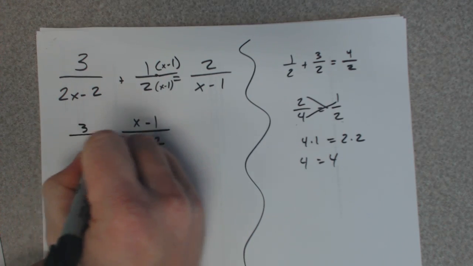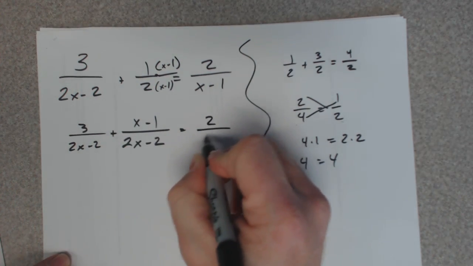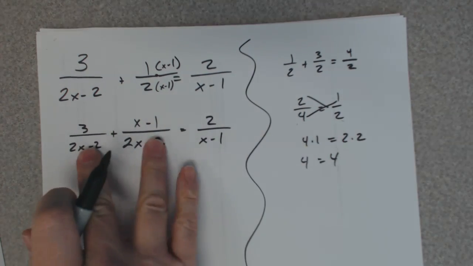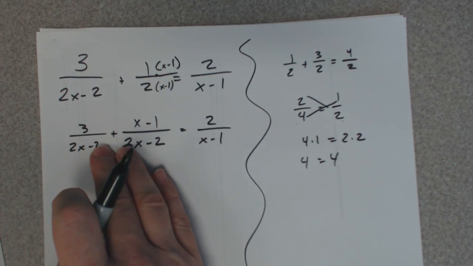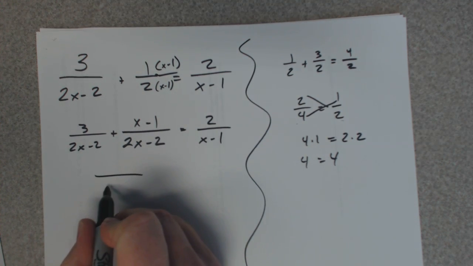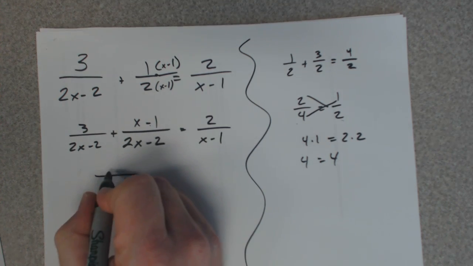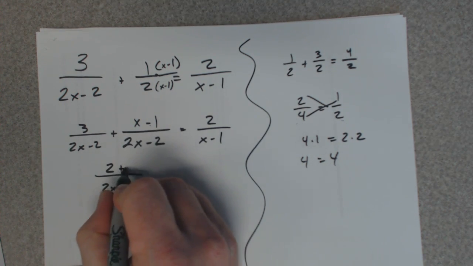So now I'm left with 3 over 2x minus 2 plus 2 over x minus 1 equals x over 2x minus 2... at this point, you can put these together and then cross multiply if you like. So let's just try that. We can put these together now. So that'd be 2x minus 2, and 3 plus negative 1 is 2. I just have an x left.